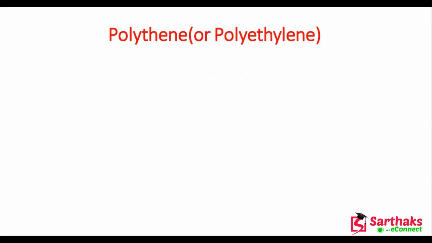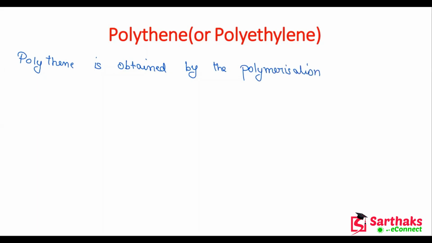It is called polyethylene because it is obtained by the polymerization of ethylene monomers.